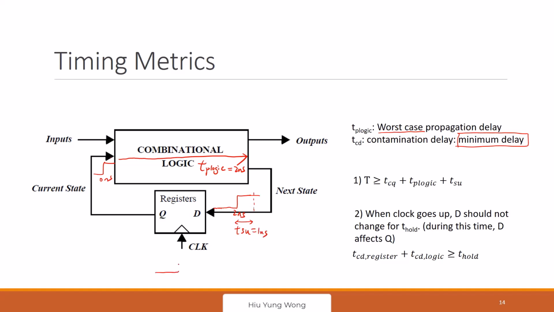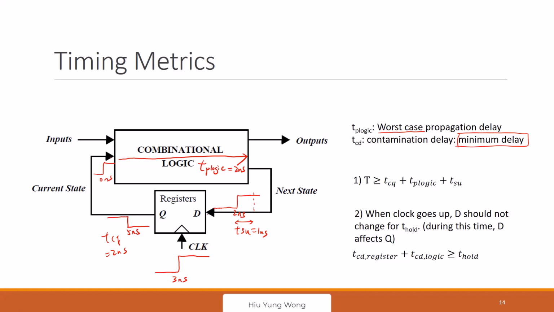Because of this, my clock comes in at 3 nanoseconds. And then maybe it takes 2 nanoseconds to propagate. Let's say TCQ equals 2 nanoseconds. Then this one will propagate. Let's say this one is doing some inversion. Then this becomes 5 nanoseconds.